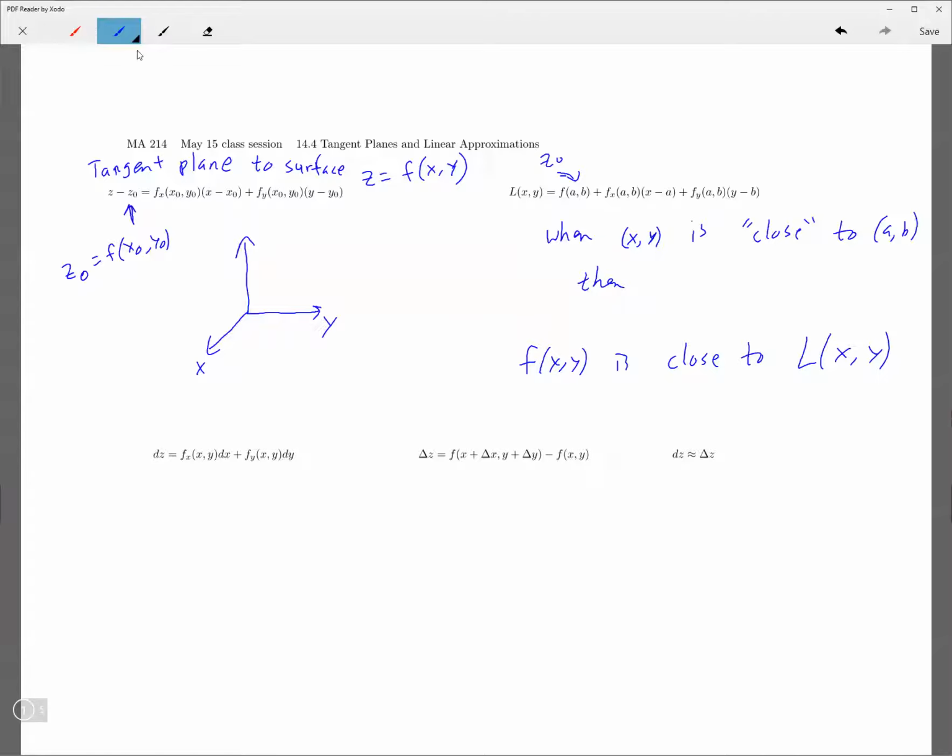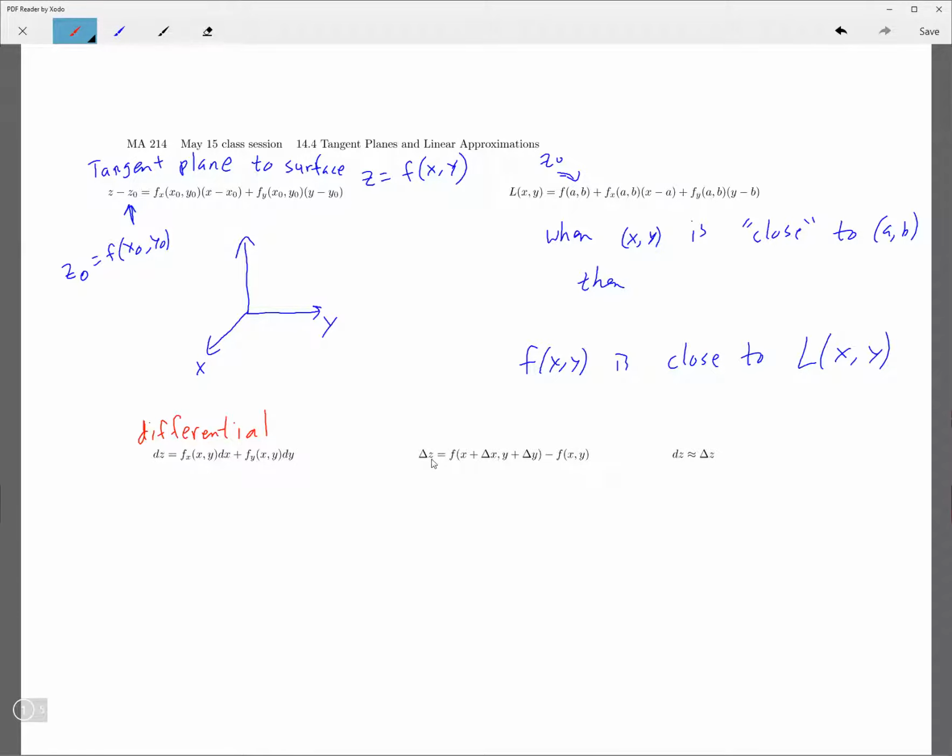Okay, this guy right here is called the differential. You just take the partial with respect to x, tack on a dx. Partial with respect to y, tack on a dy. This is also sort of an approximation.